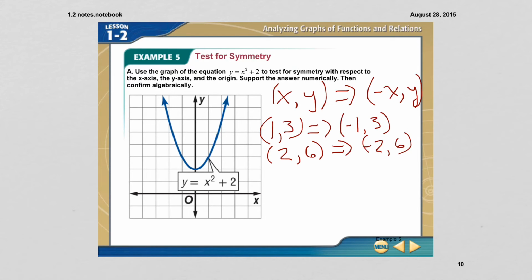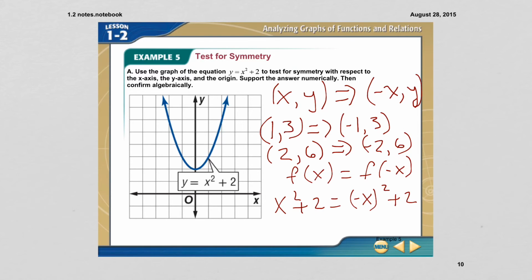Now, we can also check for y-axis symmetry by doing f of x and f of -x. f of x has to be equal to f of -x. So my f of x is x squared plus 2, and my f of -x is (-x) squared plus 2.